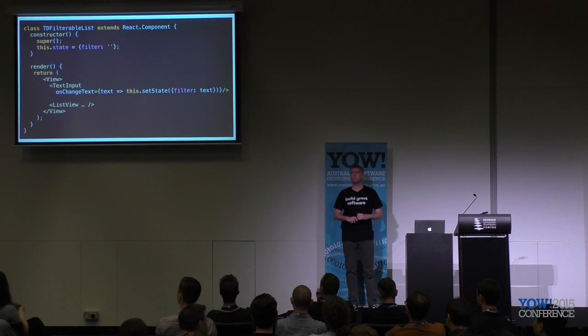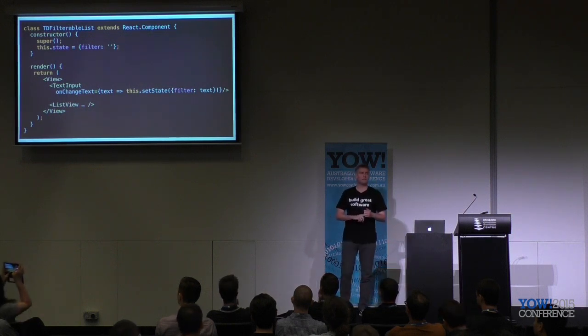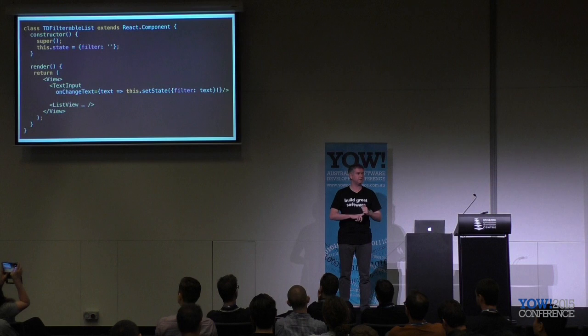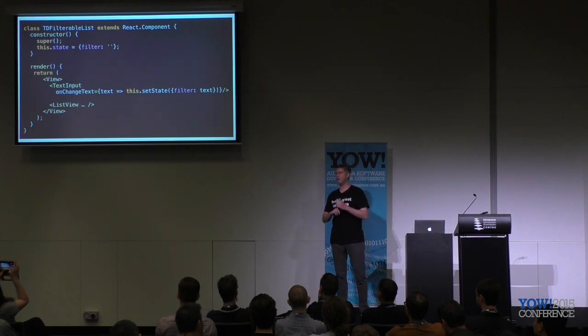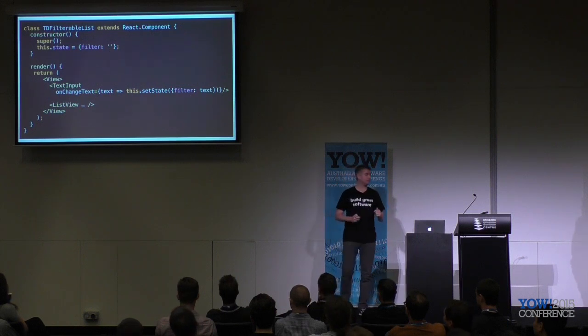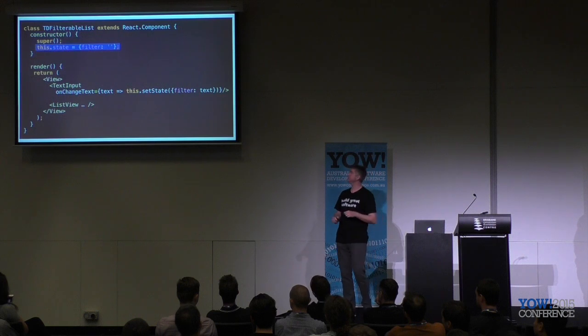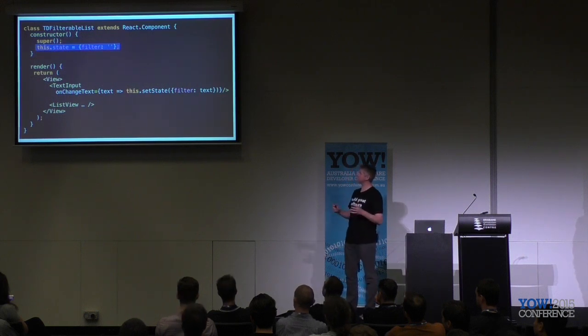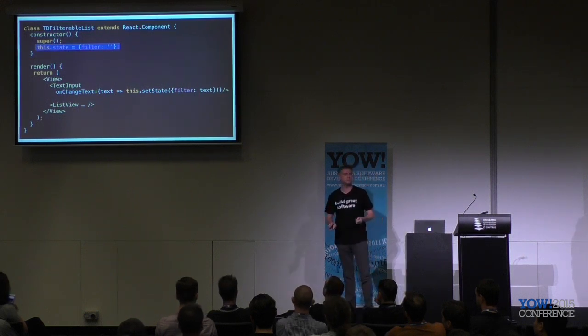The good thing about the React programming model is it encourages you to keep mutable state as small as possible and to only put it as high in the view hierarchy as it needs to be, no higher and no lower. So in this case, on the TD filterable list, we're going to add a constructor that sets up a this.state variable, and we're just going to assign it to be an object with an empty filter string.